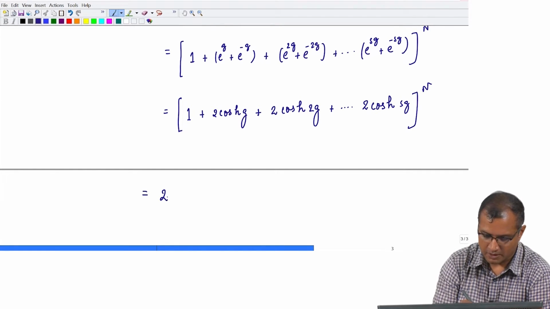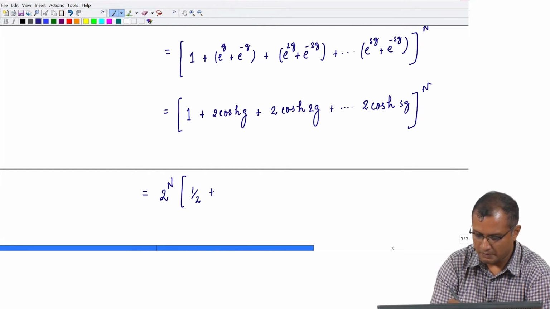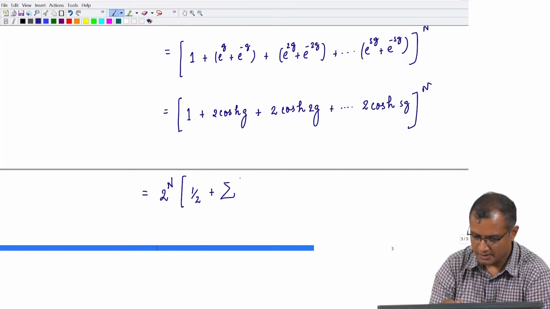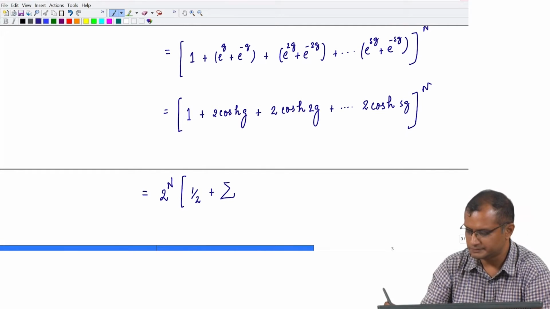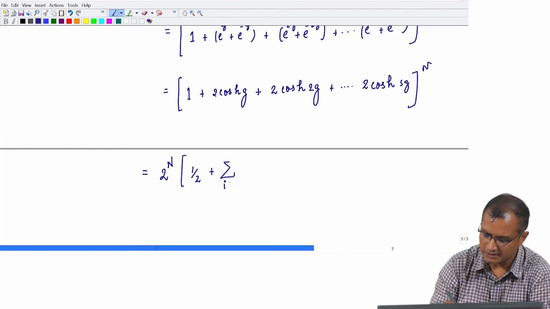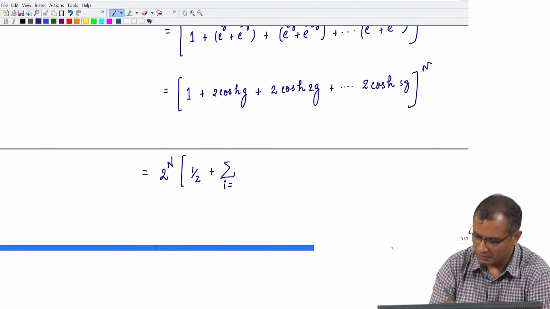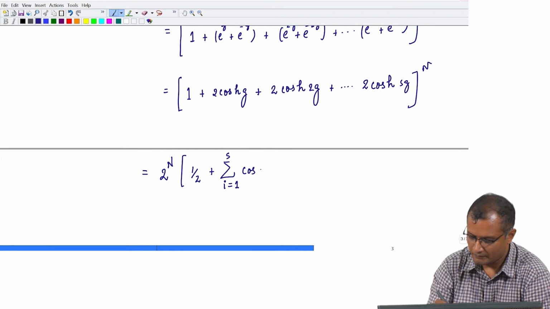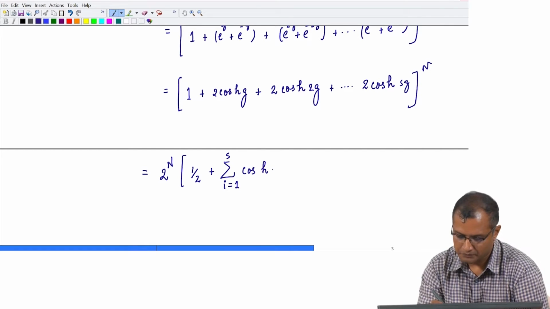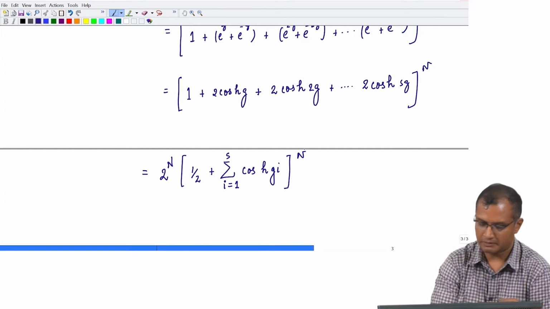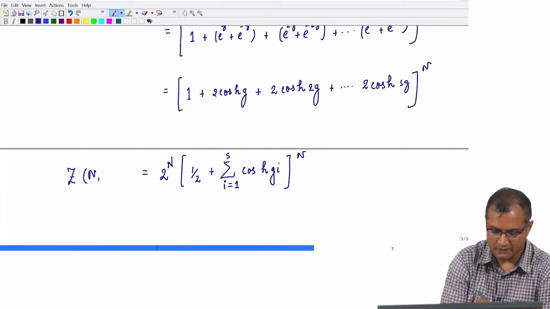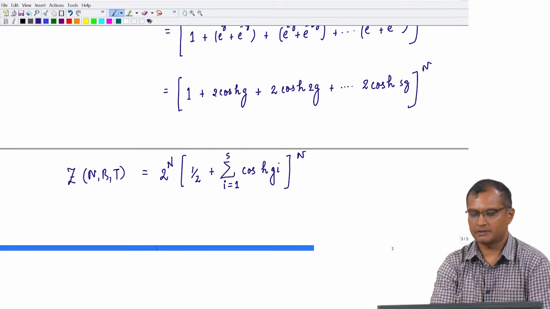So, this will make me 2 raised to n into 1 by 2 plus summation, we can take some variable, let us take i going from 1 to s of cosine hyperbolic g i, the entire thing to the power n. This is my partition function for constant field and temperature.